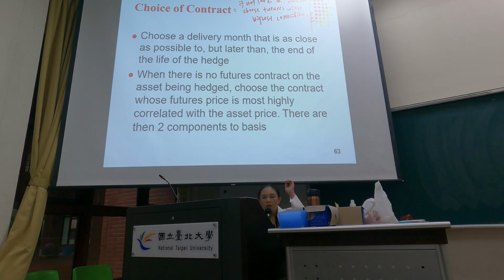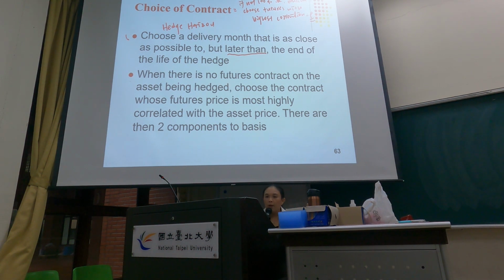Okay. So first of all, take a look at the first point. It's related to the hedging horizon. Choose a delivery month that is as close as possible to, but later than, the end of life of your hedge. Okay.